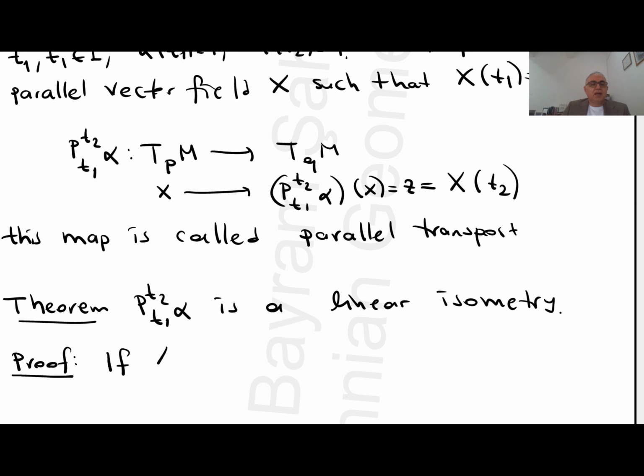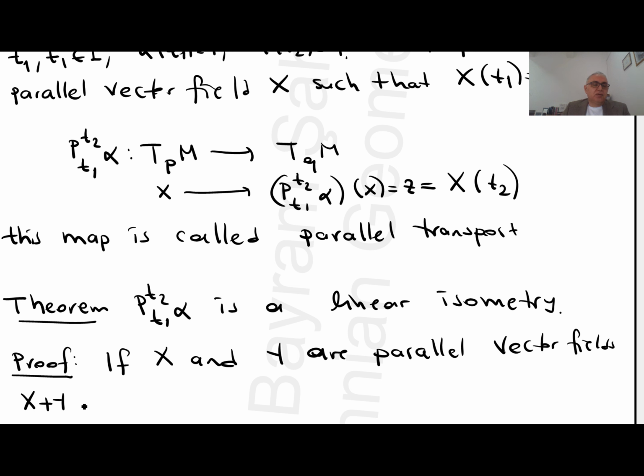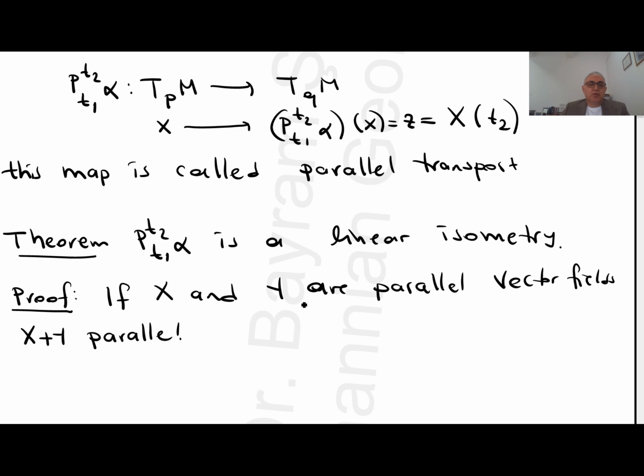If x and y are parallel vector fields, then x plus y is also parallel. So if x(t1) equals x and y(t1) equals y, then (x plus y)(t1) will be x plus y.